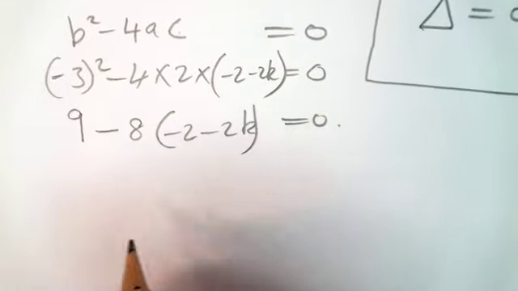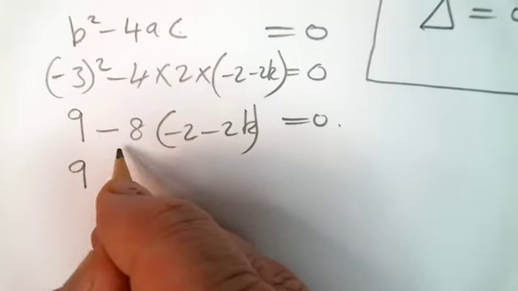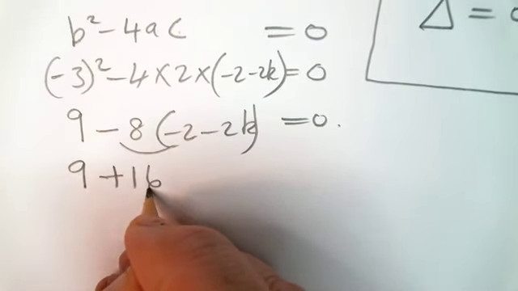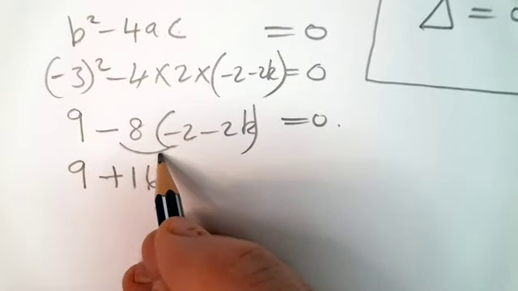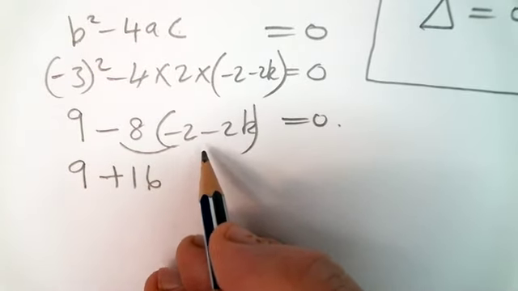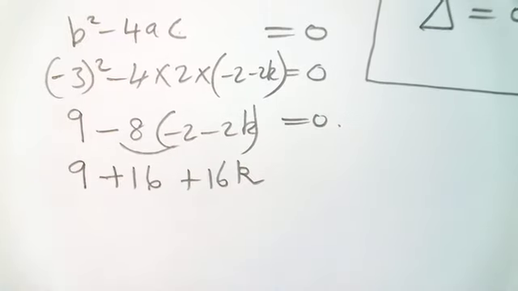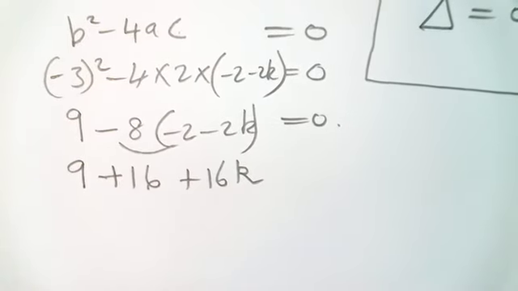Let's expand out the bracket, so I'm going to have a 9. -8 times -2 is going to be plus 16. And -8 times -2k is going to be another plus 16k. All right. So that all makes perfect sense, yeah?